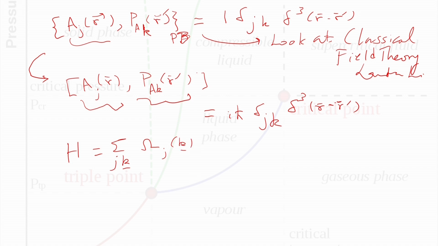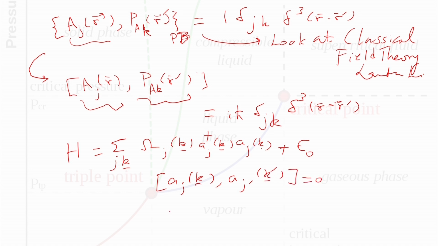This is an optimistic guess, and it is going to be a valid guess, as we will find out later. I am going to guess that, apart from some zero point energies, my Hamiltonian is writable in this fashion, and I am going to suspect that the creation and annihilation operators are going to obey this relation.